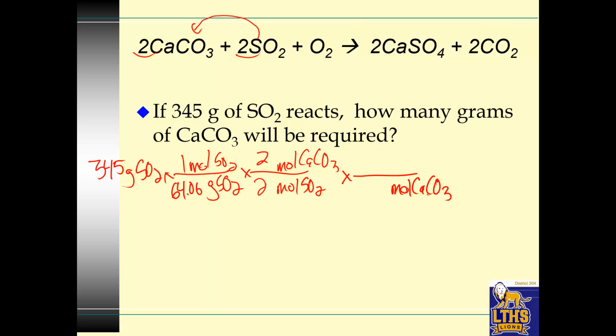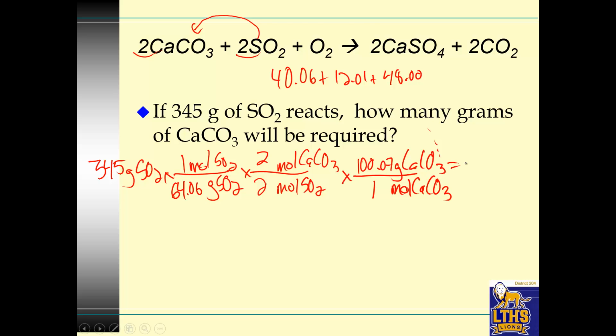Then I do moles of calcium carbonate, and I go into grams of calcium carbonate. Little g stands for grams, little g stands for go to the periodic table. So calcium is 40.06 in my periodic table, plus carbon is 12.01, plus 48.00. That's 3 of those oxygens. So 40.06 plus 12.01 plus 48 is 100.07 grams.